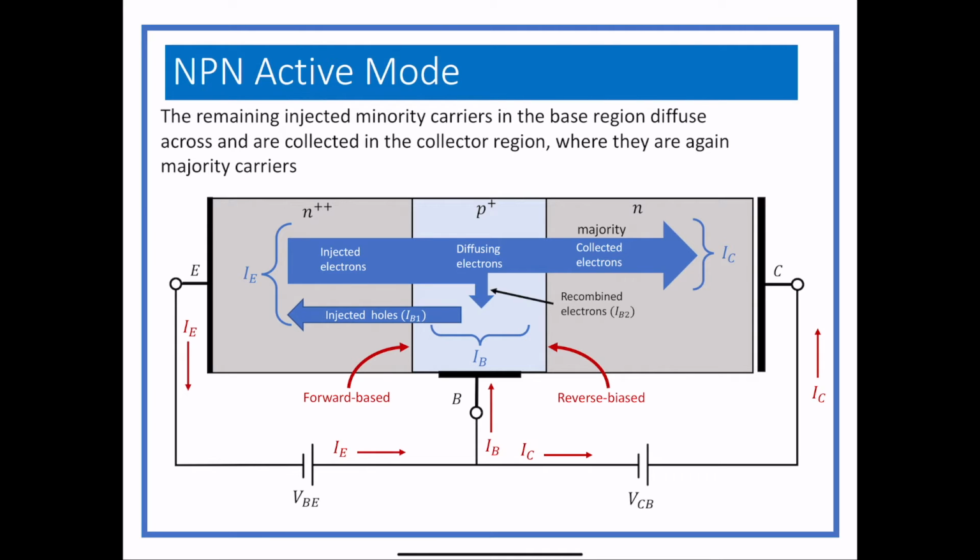However, because all currents have to add, we have to adjust for the fact that some of the electrons are lost in the P region.